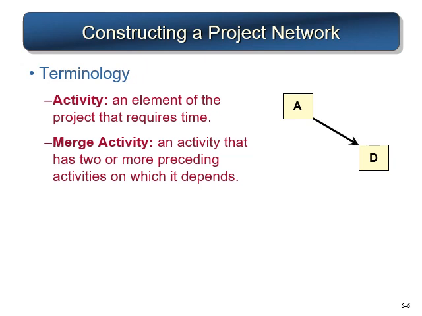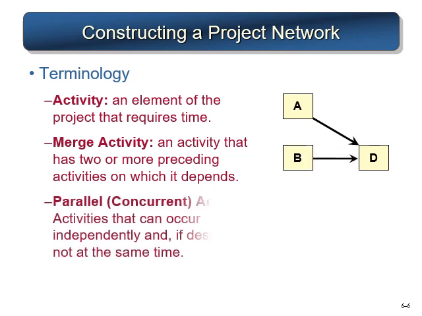Now, some of the important terminologies for a project network. First, activities: as discussed before, an element of the project that requires some time. Over here, A, B, C, D are all activities.